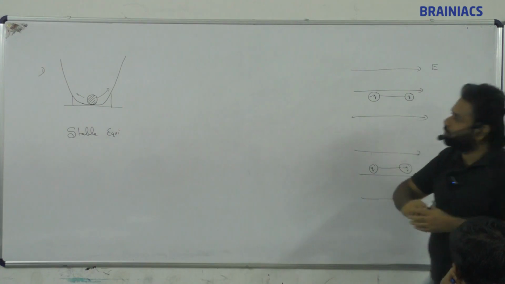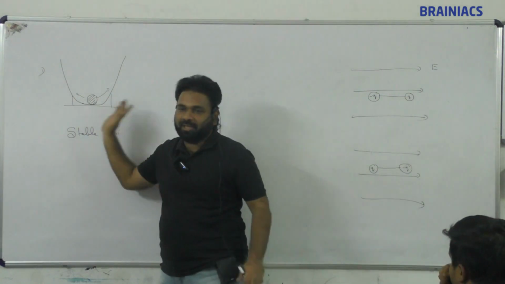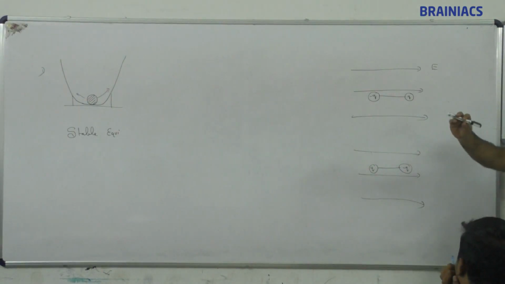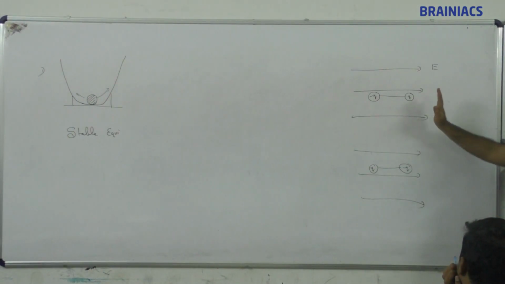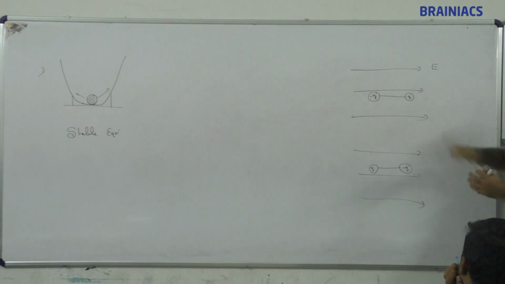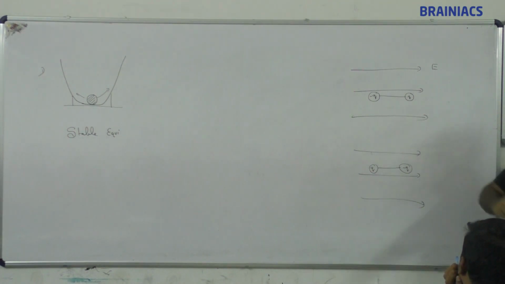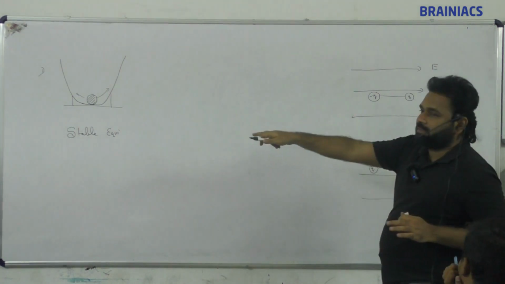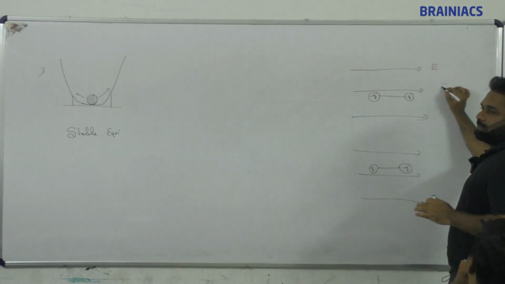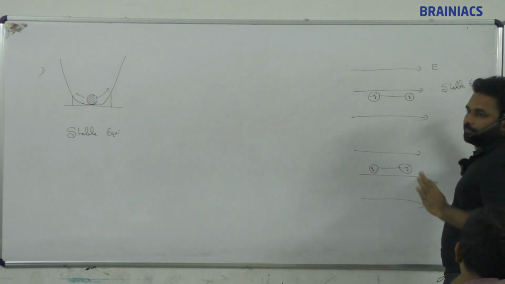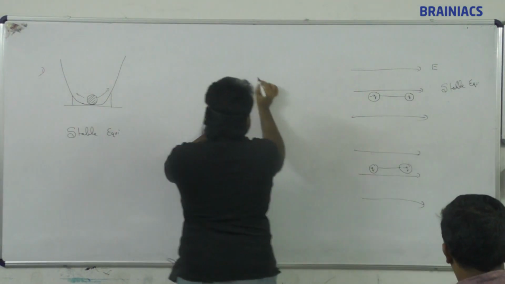It will oscillate, and eventually settle because of friction, which we will study in the next chapter. But just understand that it is just one movement. If we displace it like this, it will come back like this. That is the reason this is stable equilibrium. We can say this is also stable equilibrium.